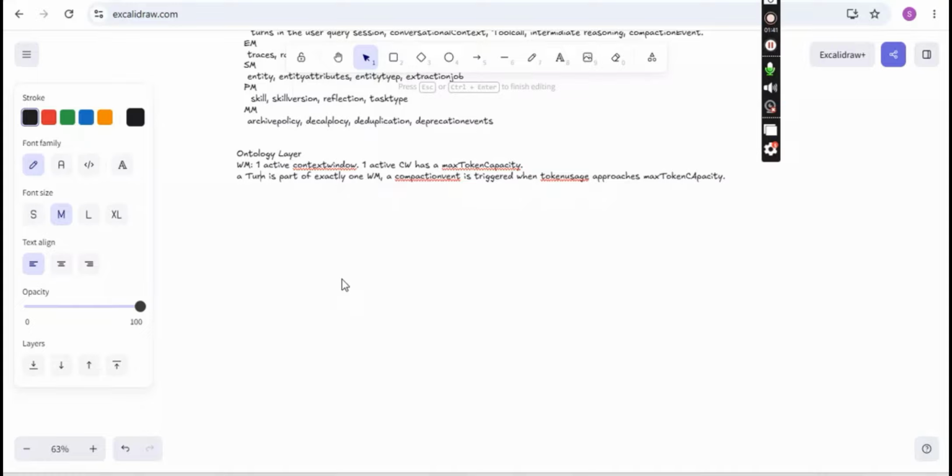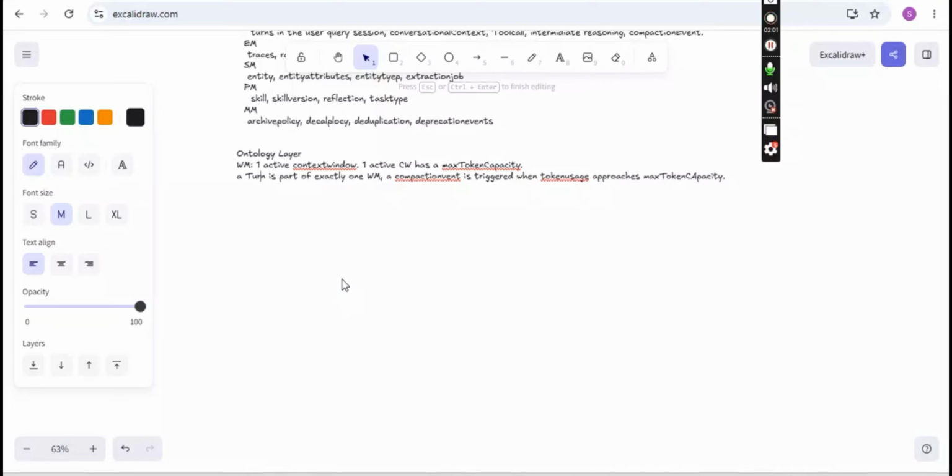So here what we are trying to understand is that the key ontological relationship here is temporal containment. Okay, because that is transient. A turn contains tool calls, intermediate reasoning steps, and a response, and those things have a strict ordering.